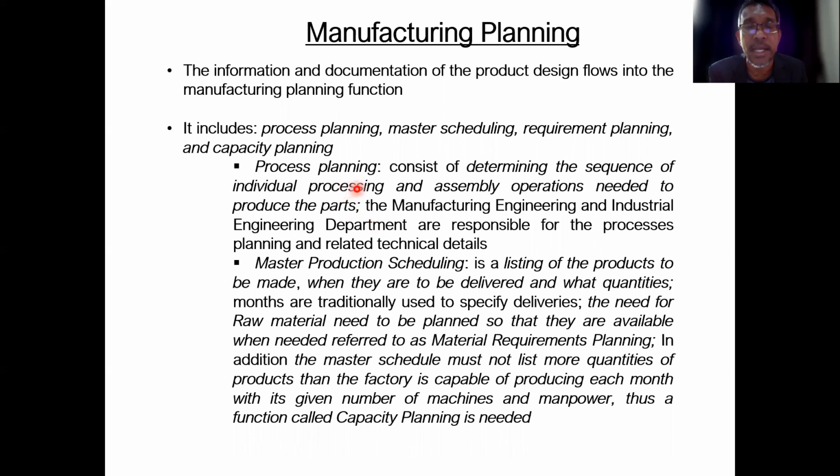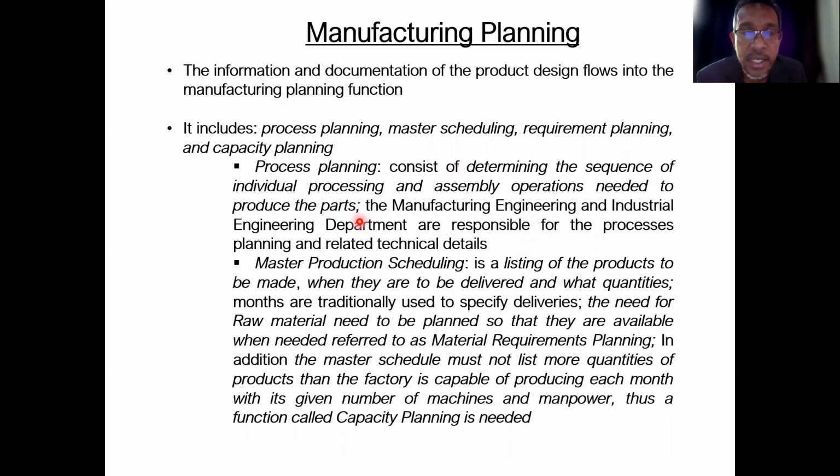So the process planning consists of determining the sequence of individual processes. When they have a complete product, they need to find out the assembly or the sequence of the process, and then the manufacturing engineer or industrial engineer or production engineering are responsible for the process planning and related technical details.